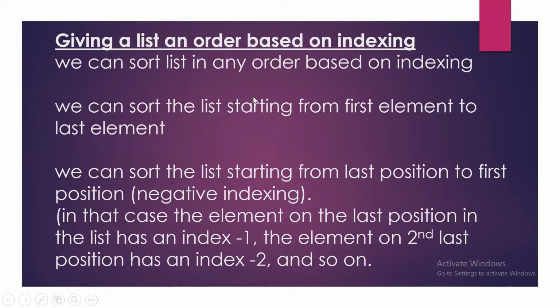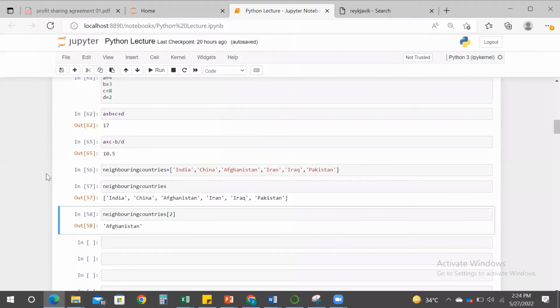I can get the list starting from the first element of the list to the last element of the list. In that case, I will use zero-based indexing. That is, I will specify the name of the country from 0, 1, 2, 3, 4, 5, and so on. So let's see. If I want to list the names in the order they are appearing in the list, it is from first element to last element.